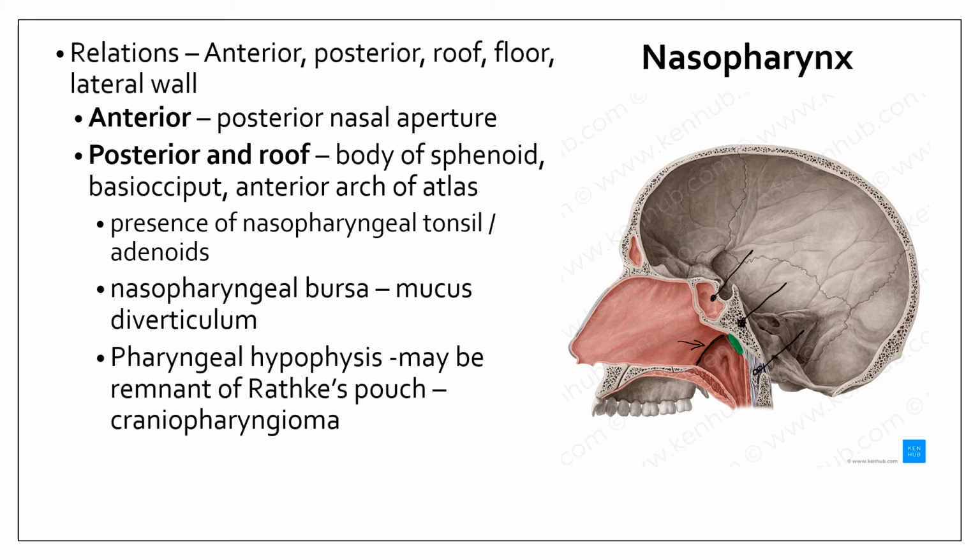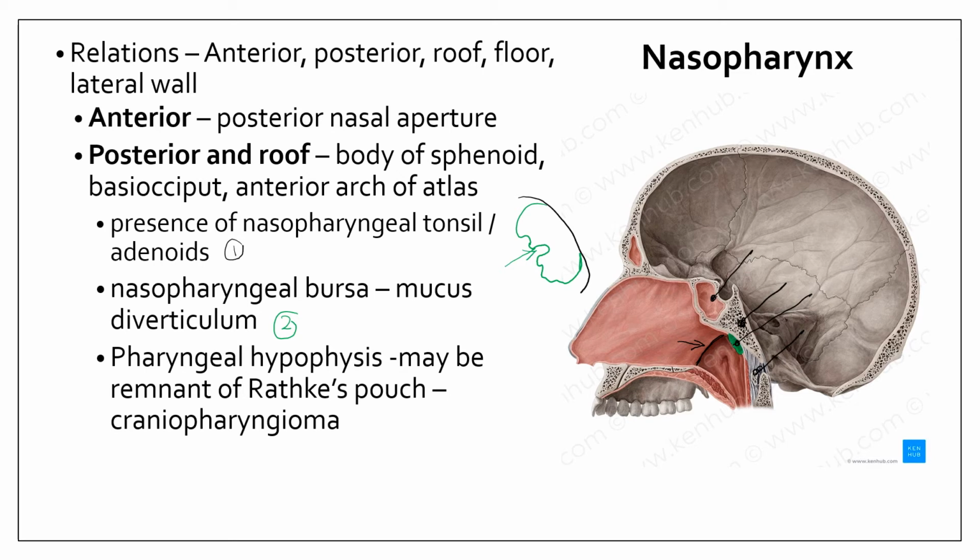There are three things. One is the presence of the nasopharyngeal tonsil or the adenoids, this green colored portion. This is present in the roof of the nasopharynx. So if we draw the roof like this, this is the nasopharyngeal tonsil. Now within that there is a small bursa or a diverticulum in the tonsil.